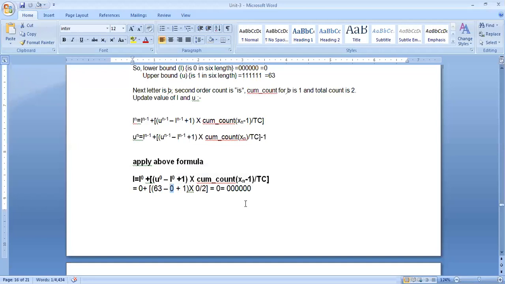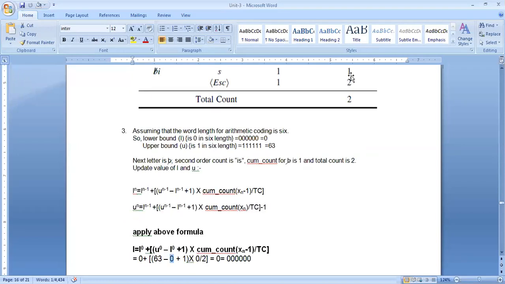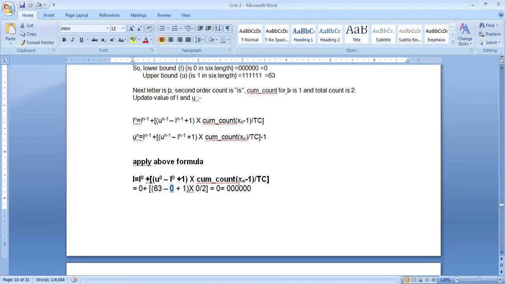Here we calculate for b cross, and let us see what the cumulative count for b cross is: it is 1. So xn is 1, cumulative count of xn is 1. So 1 minus 1 is equal to 0. So this whole value will be 0.